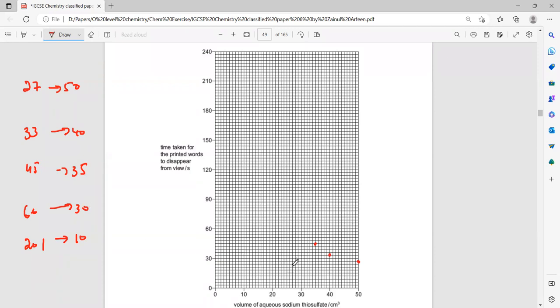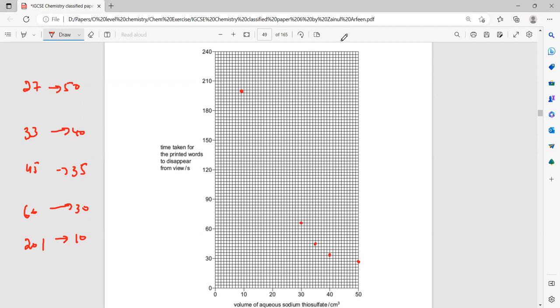Then 30 and 66. And then we have volume 10 and 201, about 201 somewhere here.